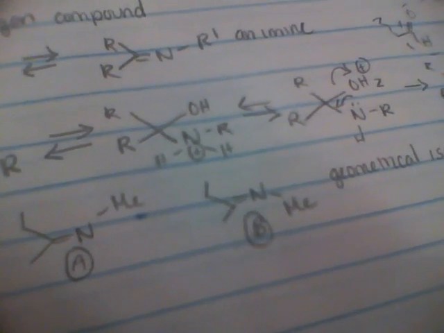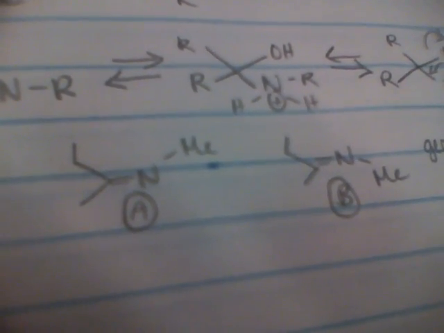Now, in the past, I suspect the only examples of geometrical isomers that you come across have been simple carbon-carbon double bond compounds, where you could get Z and E isomers. But you could also get Z and E isomers here. And the shape of these molecules is that they're flat.